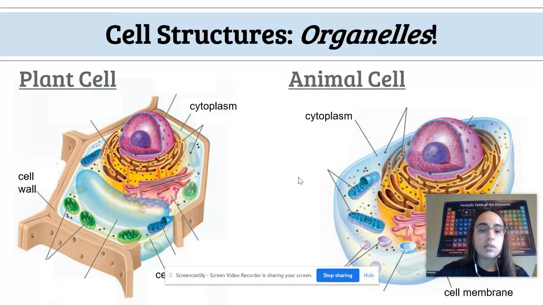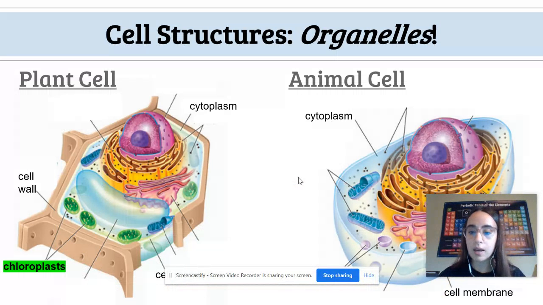Now we're going to go to the next one. As many of you know, human beings and other animals get our energy from consuming food. We get food in our body, we process it, and that's where we get our energy from. Whereas plants get their energy from the sunlight. Plants have these things called chloroplasts, and that's what they use to convert light energy into chemical energy.